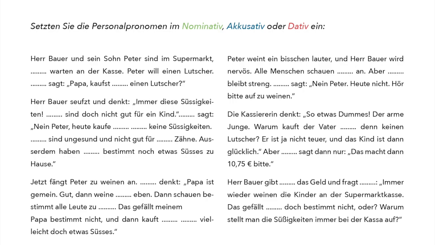So we will make much less mistakes in a text than in simple sentences, because here a text makes sense, there is a certain coherence in it, so it will be more logical to apply the nominative, the accusative or the dative than if we have one single isolated sentence as an exercise, basically. So go on and train the personal pronouns.